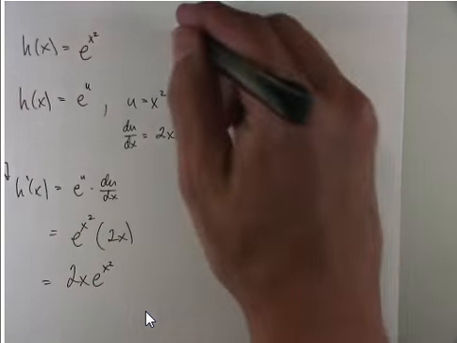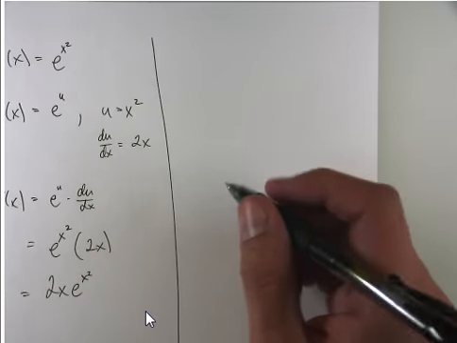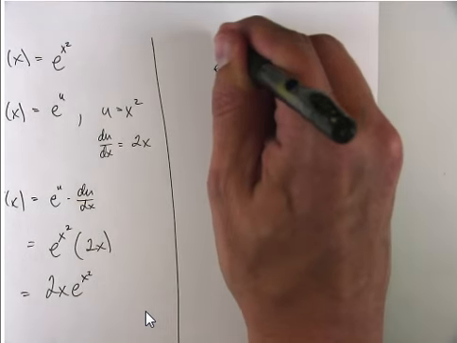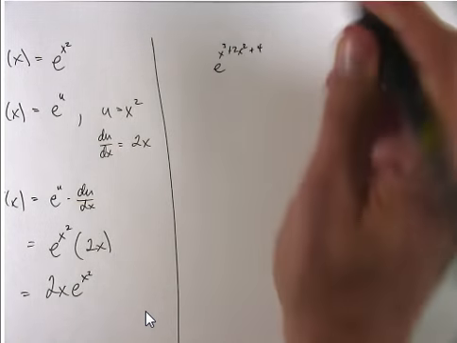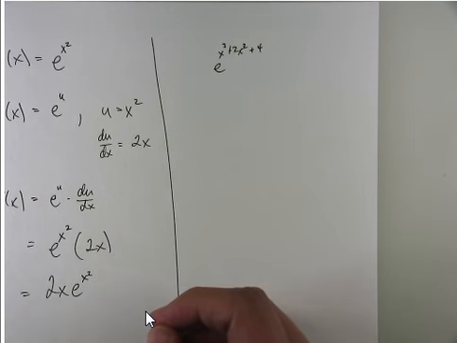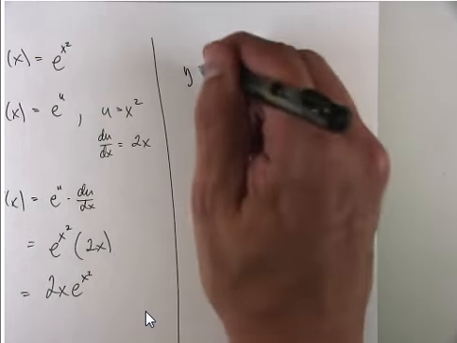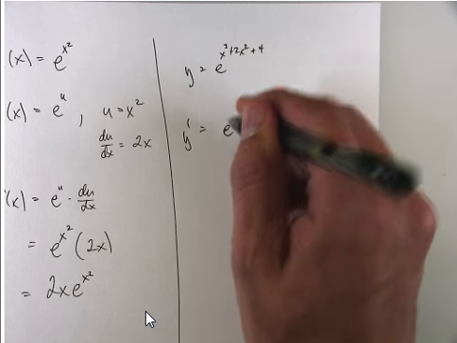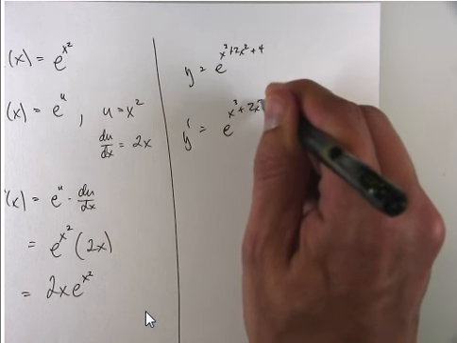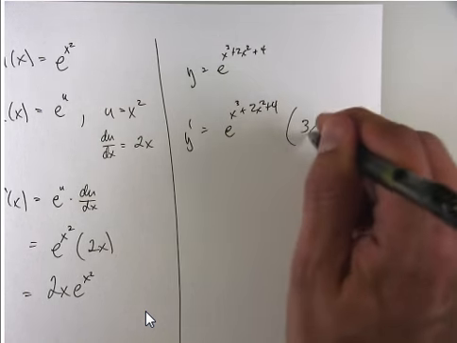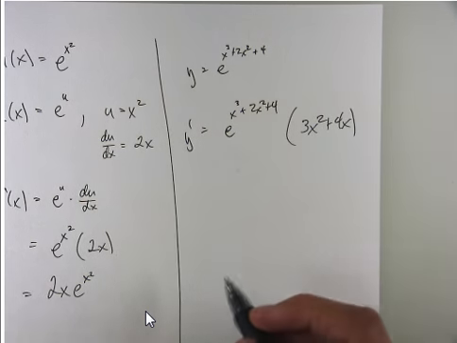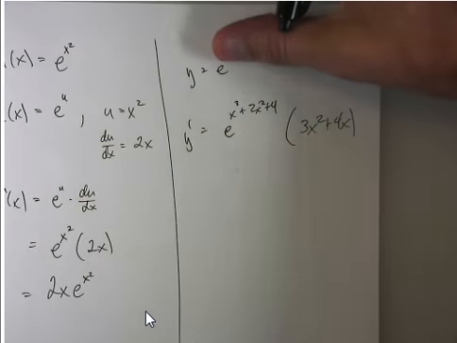So if I have something like e to the x cubed plus 2x squared plus 4, then I know that the derivative is e to the x cubed plus 2x squared plus 4 times 3x squared plus 4x. This is e to the something.